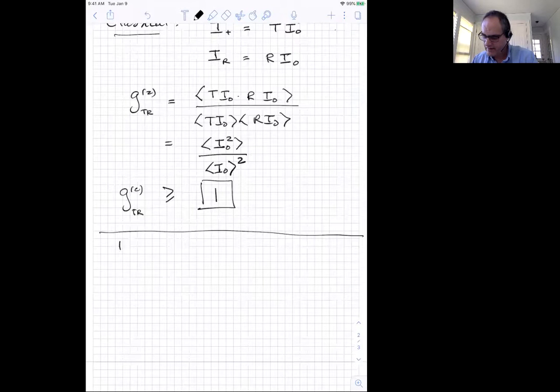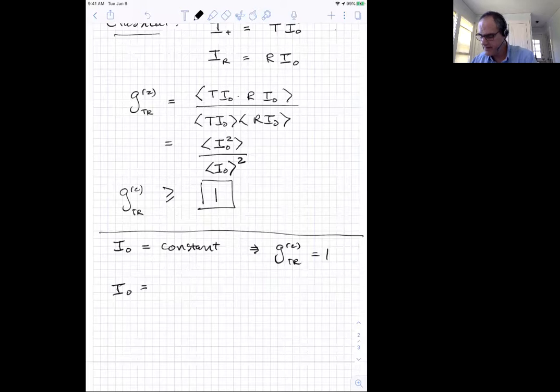So first, suppose that I0 is a constant. Then you can see right away that in that case, G2TR would be 1. Okay? That's one of the limits of our expression. Well, that wasn't so exciting. Let's take another case.